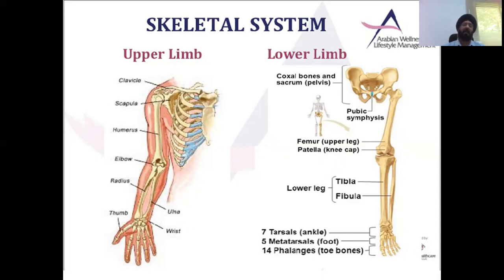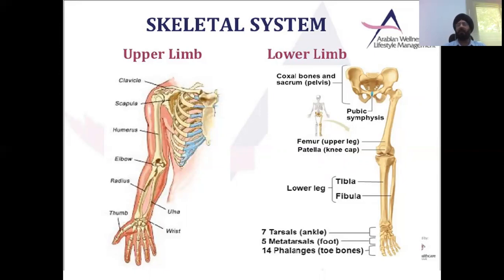The upper extremities comprise the shoulder, also known as pectoral girdle, which comprises collarbone or the clavicle, and scapula, the shoulder blade, which is on the back side of the chest.